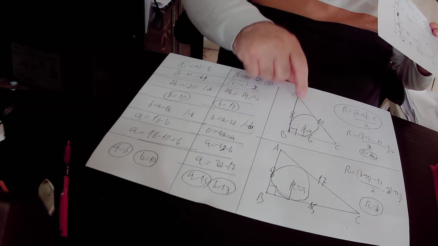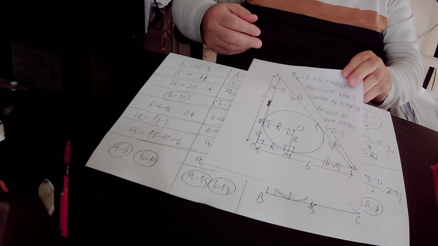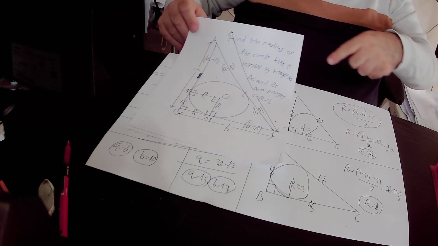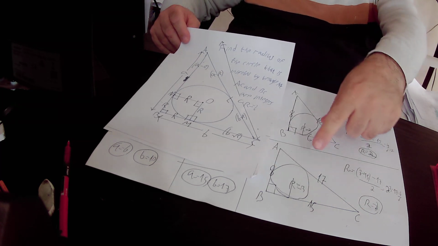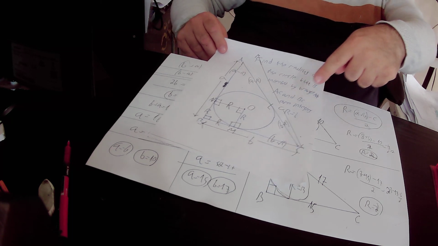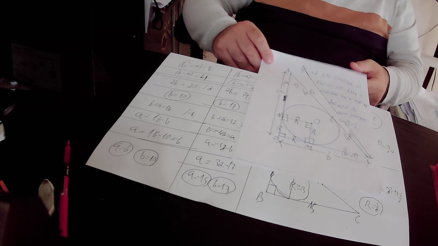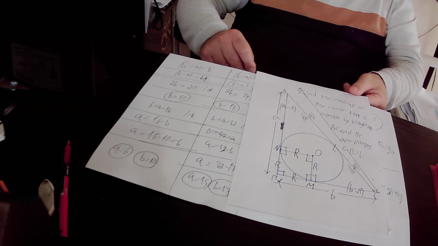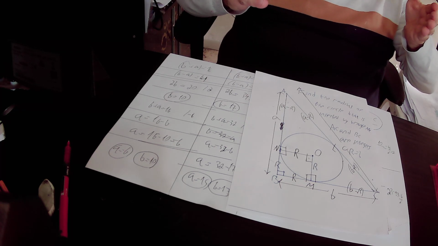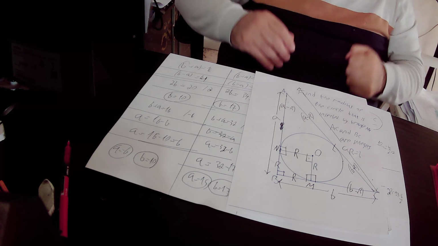We could use it because triangle ABC could be any right triangle, and especially it could be those two right triangles. So we can use the formula that we will find here for our specific two right triangles. So we found here the formula for the radius of any circle that is inscribed by right triangle ABC.